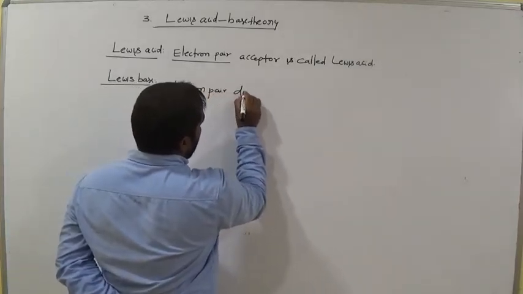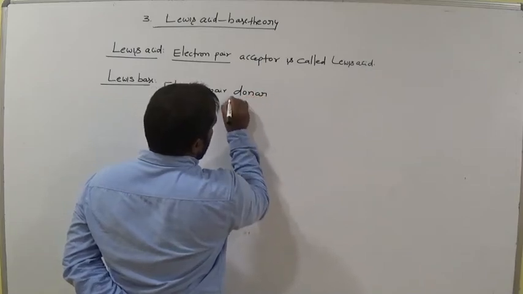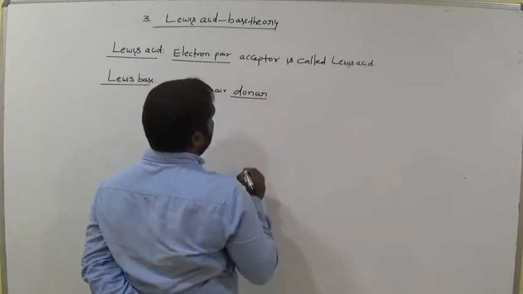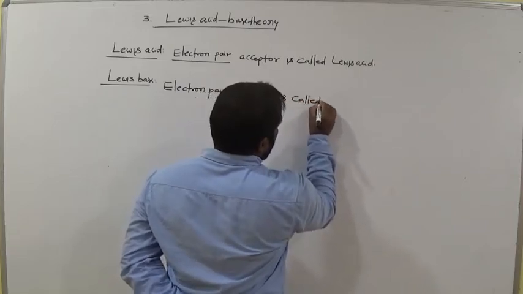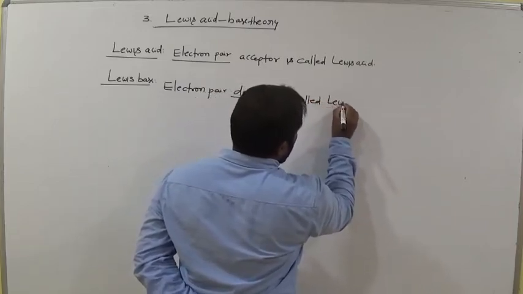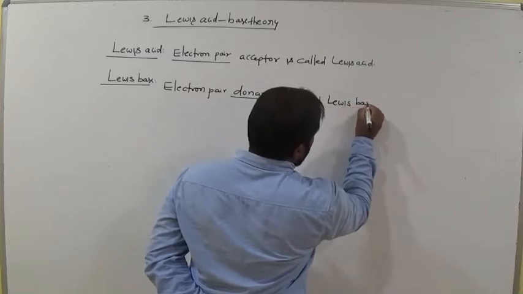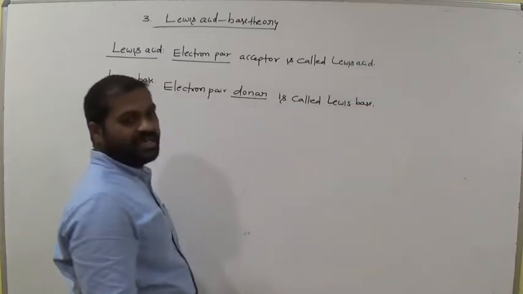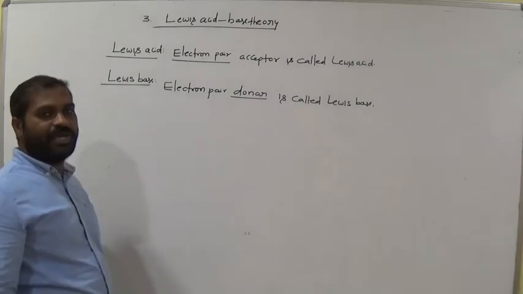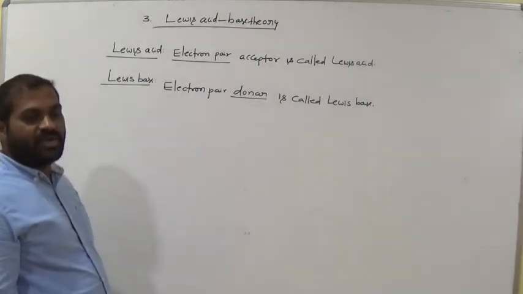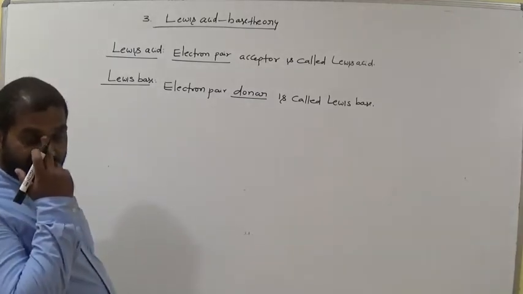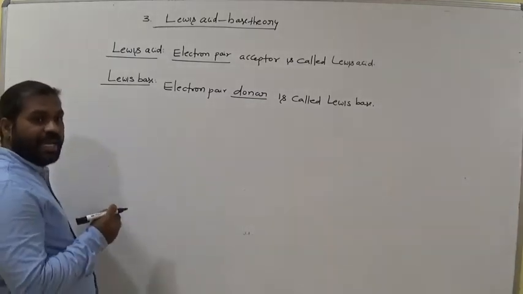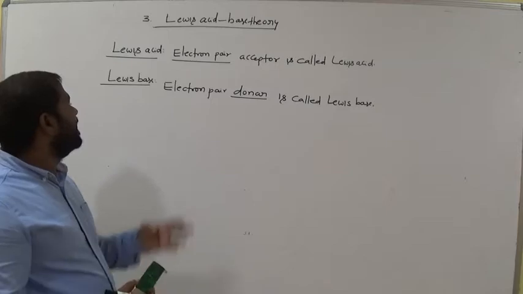An electron pair donor is called a Lewis base. If any component donates the electron pair, then we call it a Lewis base. With respect to electron pair, we can define Lewis acid and Lewis base.